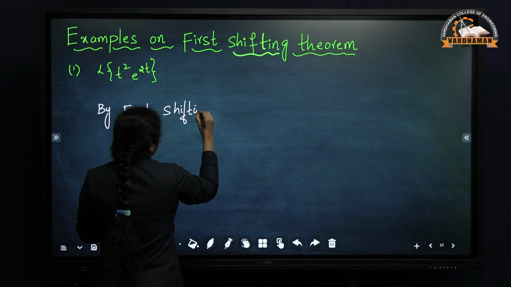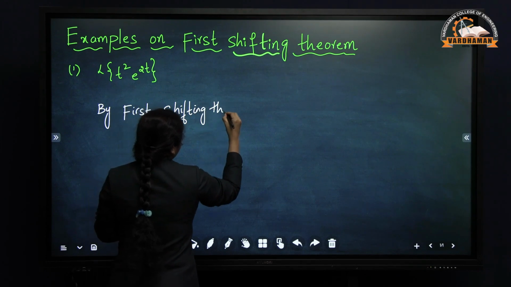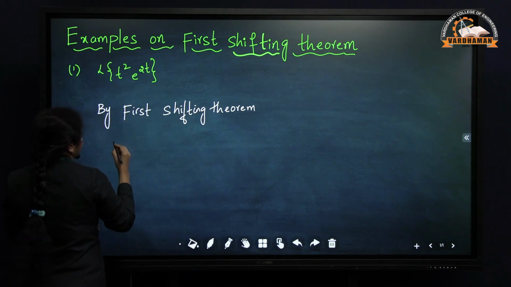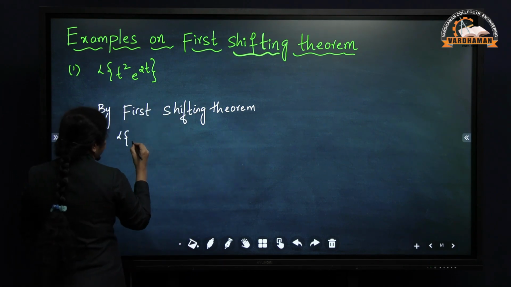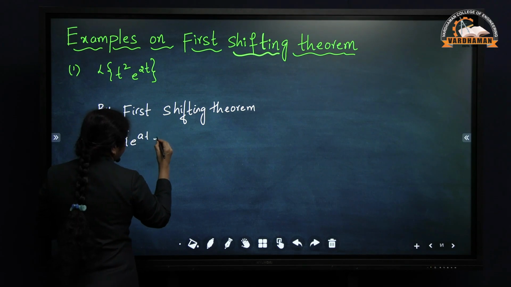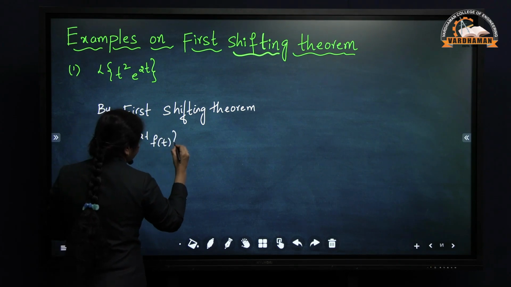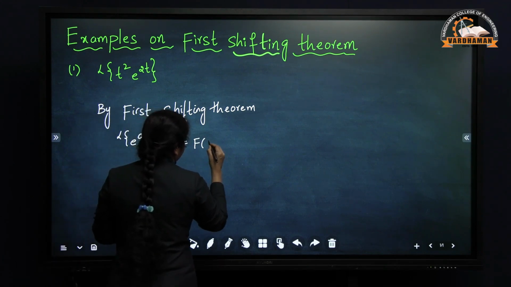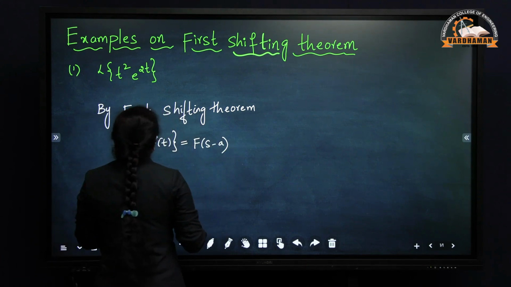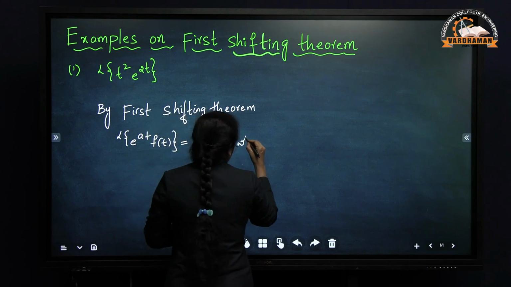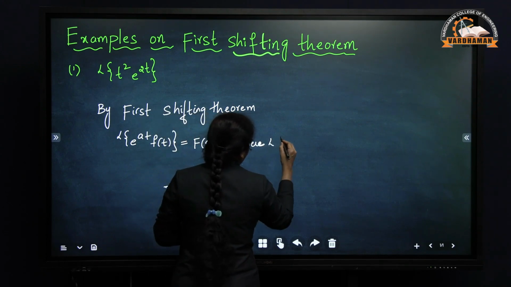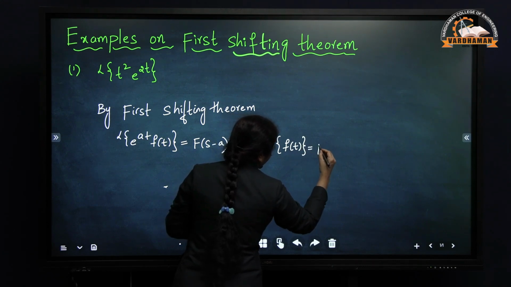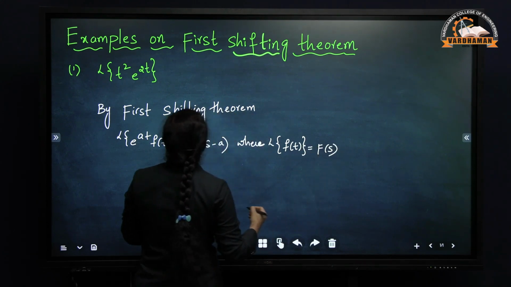By the first shifting theorem, we have the Laplace transform of e power at into f of t equal to F of s minus a, where L of f of t is nothing but F of s as per the definition.